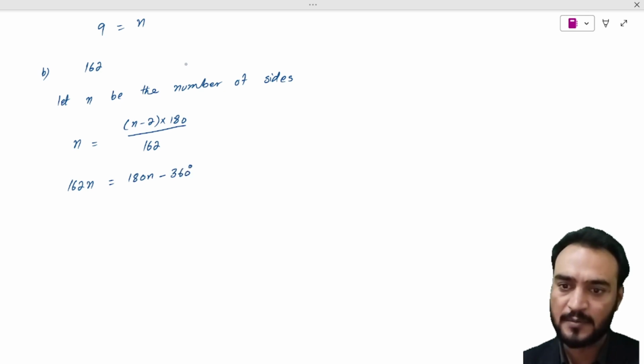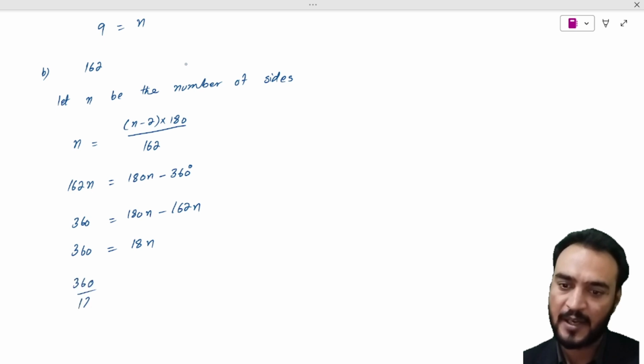So subtracting 162n on the right side and moving 360 from the right side to the left, we get 360 equals 180n minus 162n. Subtracting, we get 18n, and dividing by 18, 360 divided by 18 equals n.